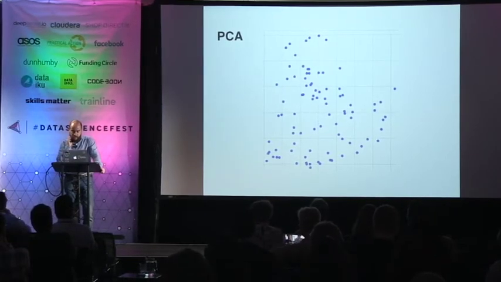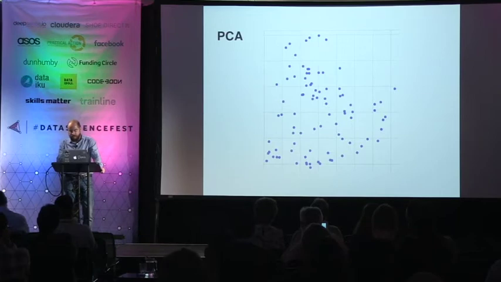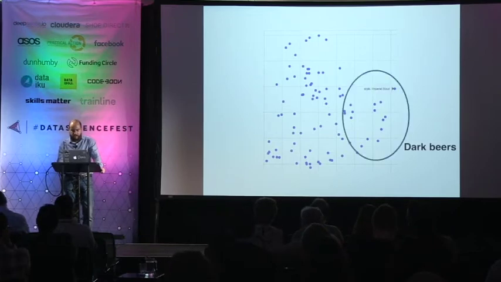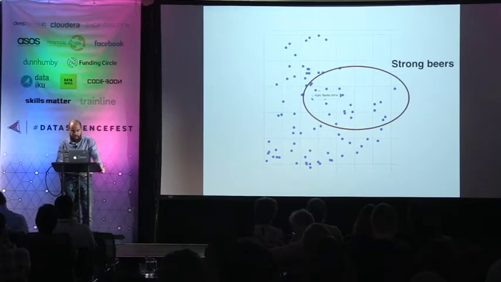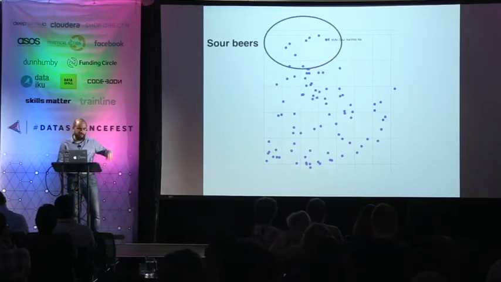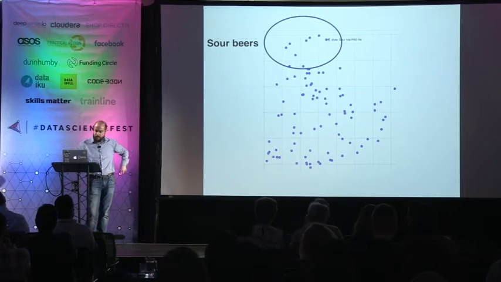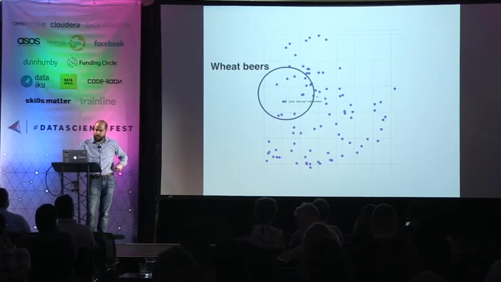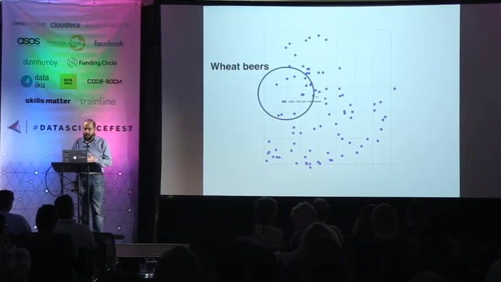And what's going on here is we don't really have a clear clustering of different beer styles, but similar beers kind of go together. So on one side, we have all the dark beers, and then all the high alcohol beers, and then the sour beers in a league on their own, and then all the lagers or the wheat beers. So the grouping here really makes sense, even after dimensionality reduction.